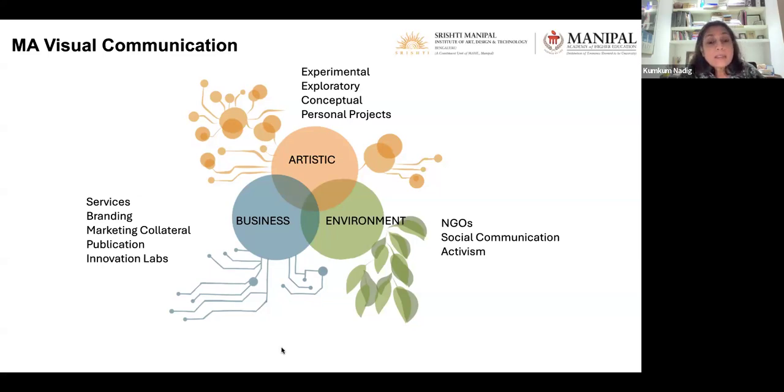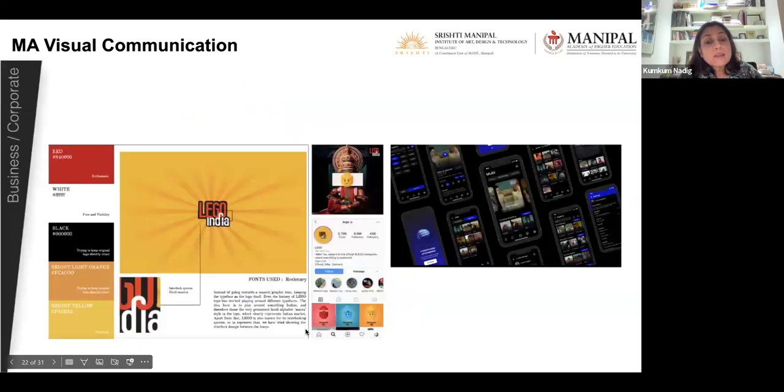The following slides have some examples from these 3 key domain areas. This is work from one of our students who graduated a year ago. And this is the work a student has done in branding, and then another student's working in digital design or UX UI design.